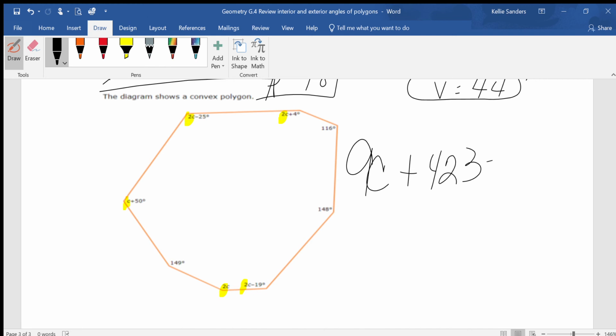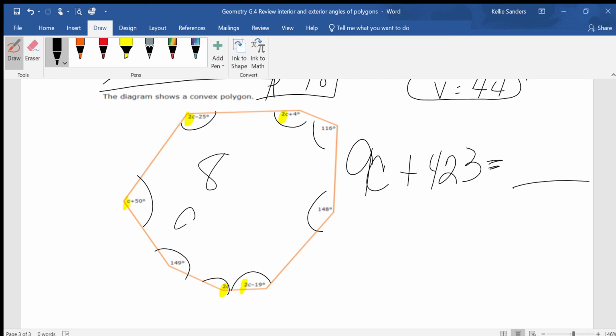Alrighty now. So I set it up, but then I kind of got ahead of myself, didn't I? Because I don't know what it equals. I don't know what it equals because this is a really strange figure. So we have 1, 2, 3, 4, 5, 6, 7, 8. We have 8 angles. I need to know their sum.